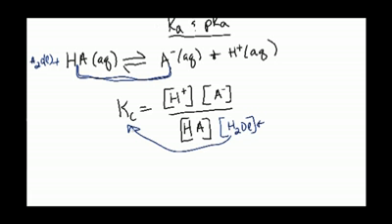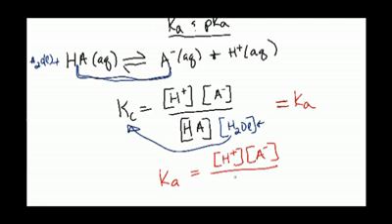And if we were to multiply it on this side, we could redub this equation the acid dissociation, or the acid ionization constant. Okay, so basically your Ka will always be the concentration of the hydronium, or the proton, and the conjugate base over the acid at equilibrium.